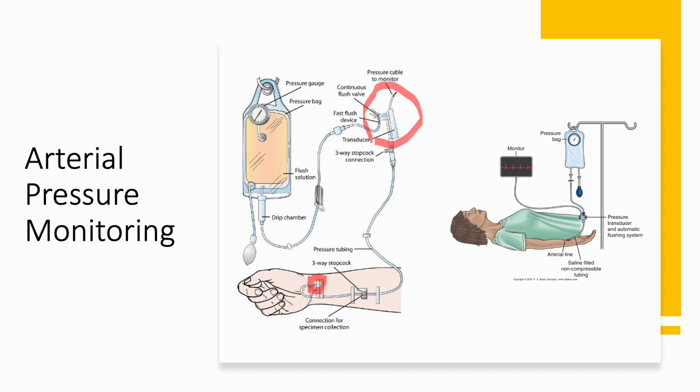It provides accurate moment-to-moment data on systolic, diastolic, and your mean arterial pressures, making it crucial for managing these critically ill patients, especially when they are on vasoactive medications or are very hemodynamically unstable.